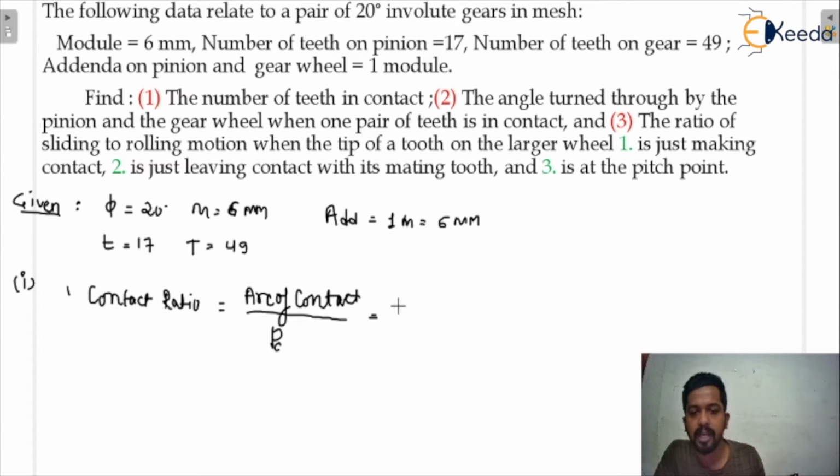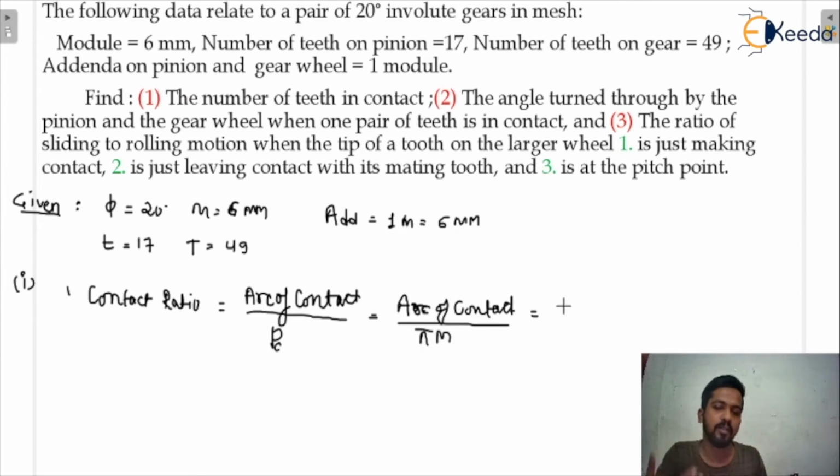So here, arc of contact upon the circular pitch, that is pi into module. Module is given, so we have to calculate the arc of contact. How can we calculate the arc of contact? We know that arc of contact is equal to path of contact upon cos phi.